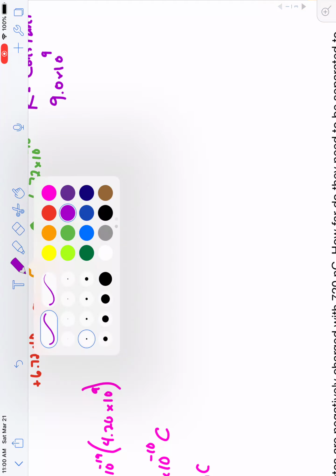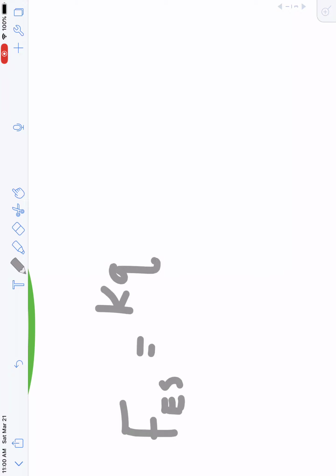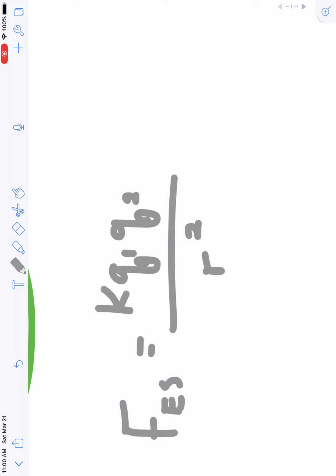Once we have all of our information, we're going to plug it in. The electrostatic force is equal to K Q1 Q2 over r squared.